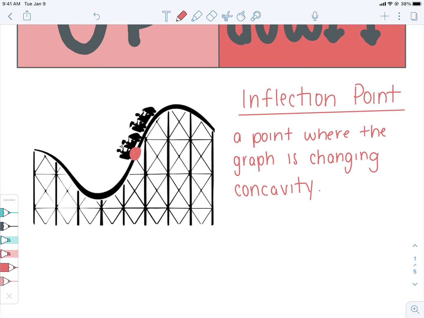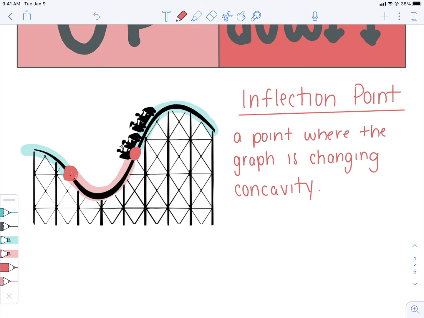This roller coaster actually has two, because if you look, this first part of the graph is bent down, and then it starts to face up here, and then it faces down again. So every time it switches concavity, I have an inflection point.